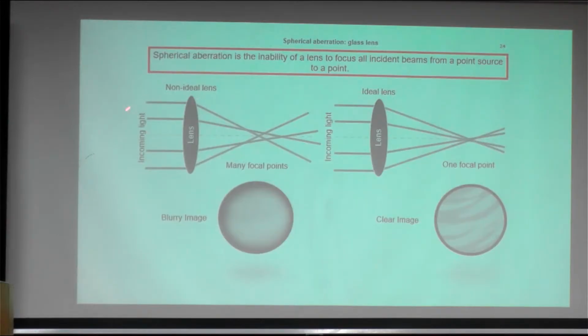So if we have a non-ideal lens, and this is the incoming light to the lens, then we will have many focal points, which means that your image is blurred. If we have an ideal lens, then we can bring all the light coming from the lens, the diffracted light, to one focal point, and then we can see a clear image.